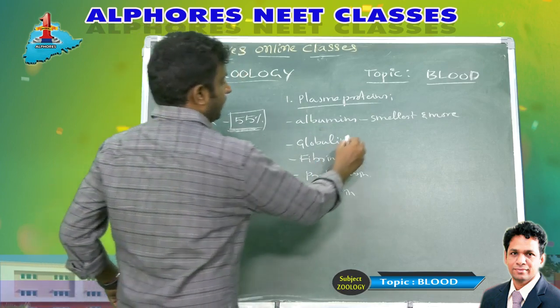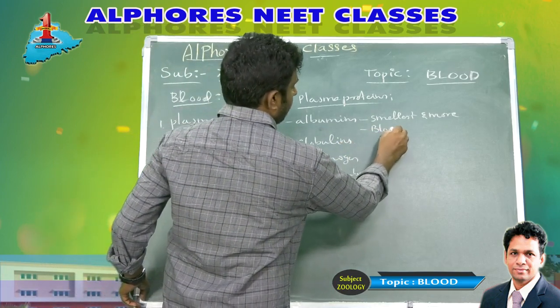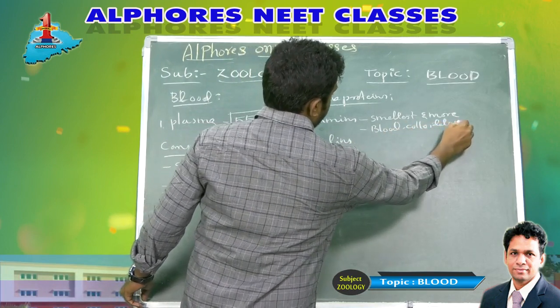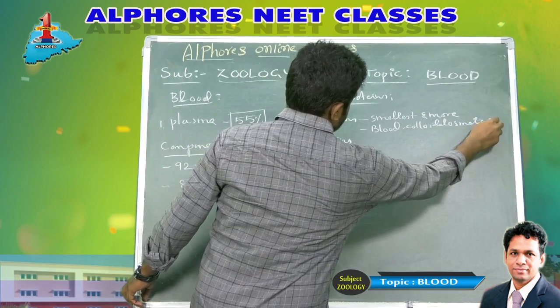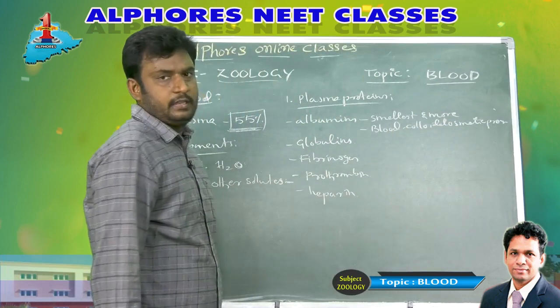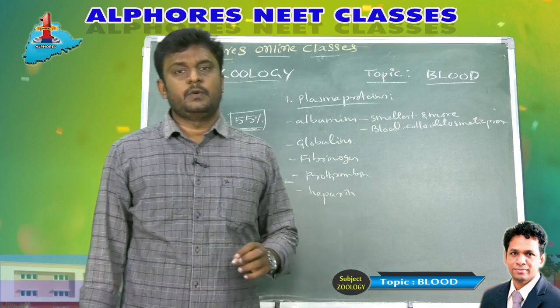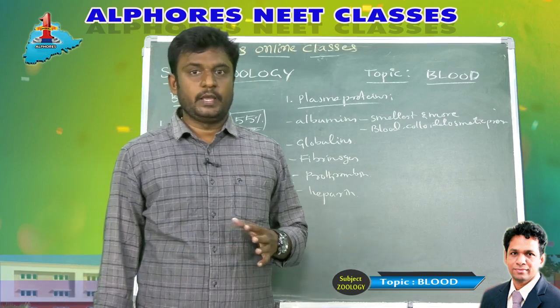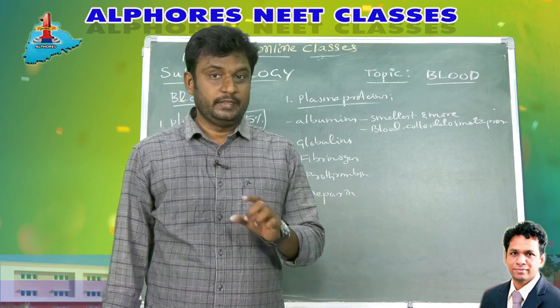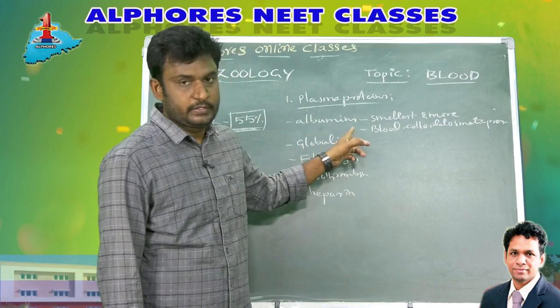Albumins maintain the blood colloidal osmotic pressure. What is the meaning of blood colloidal osmotic pressure? It maintains the salt and water balance in the blood. The pressure present inside the blood is exerted by these albumins only.